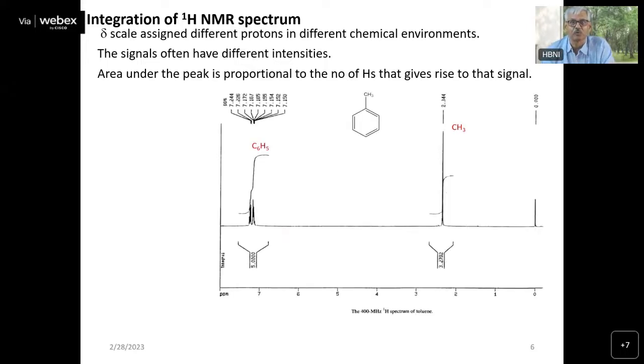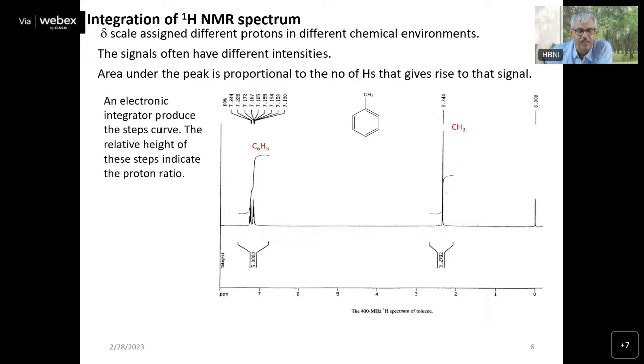So here I have shown you one signal of one NMR spectrum of toluene, and you can see that there are two groups of protons, one is the methyl protons, which come somewhere here, and the aromatic protons, which come around 7 ppm. There is an inbuilt electronic integrator in the machine which produces step curves.